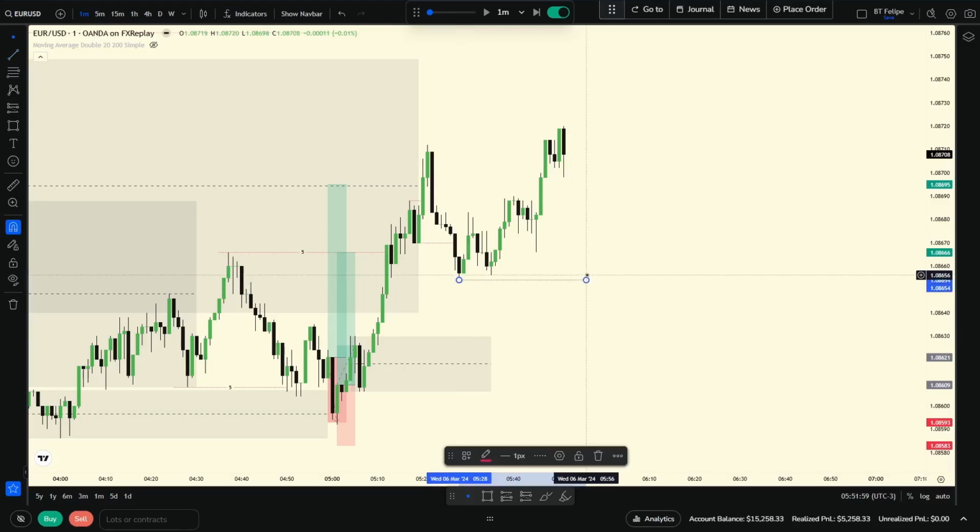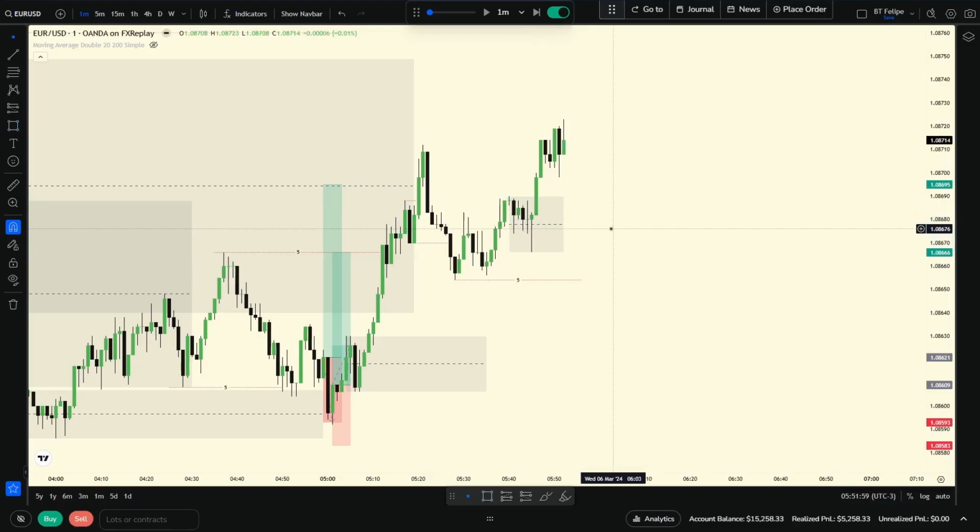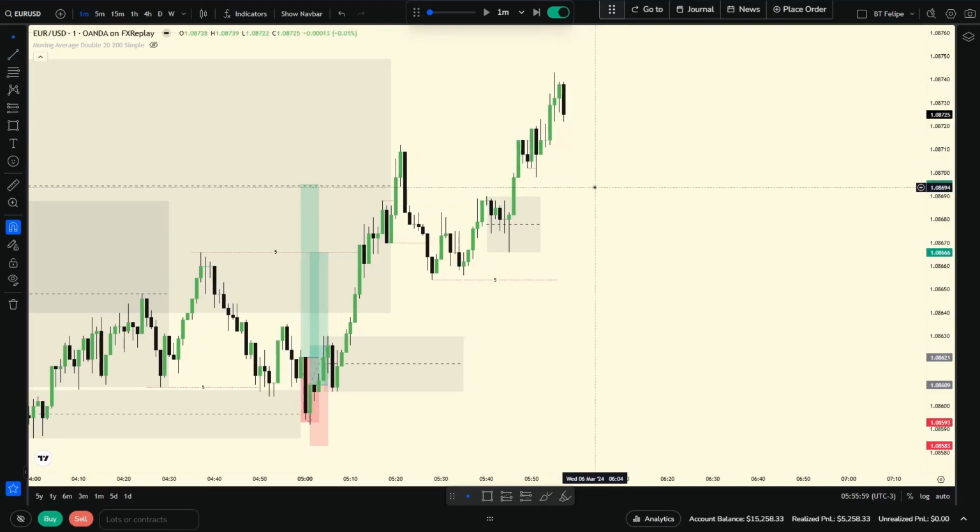M5 is here right now. And I can also long here. Price already gave a pretty tight manipulation.